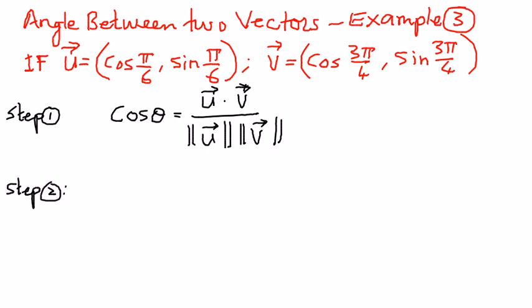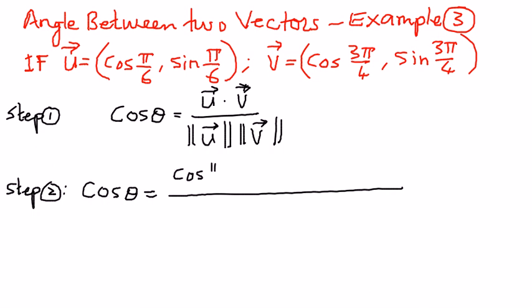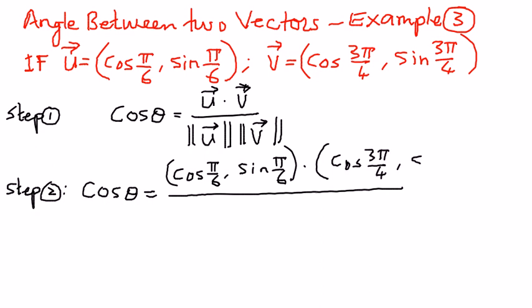In step number 2, let us put in the values of the components of these vectors. Cosine theta is equal to, in the numerator we have vector u, the components of those are cosine pi over 6 and then sine pi over 6, and then dot, and then the components of vector v are cosine 3 pi over 4, comma, sine 3 pi over 4.